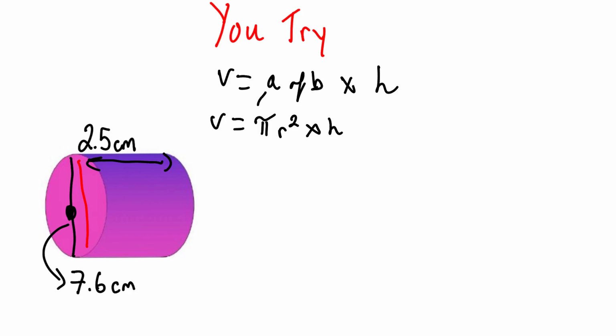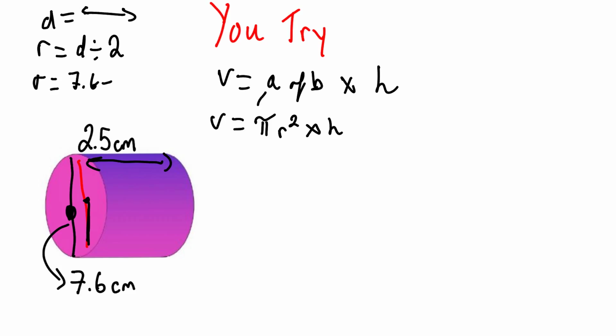So in order to find that, we know that diameter is the distance right across the circle, and radius is actually diameter divided by 2, because it's half the distance across the circle. It's only to about here. So radius equals, well, our diameter is 7.6 divided by 2, so our radius becomes 3.8.